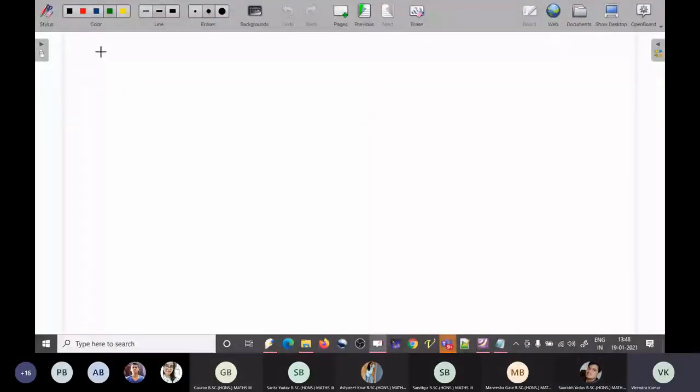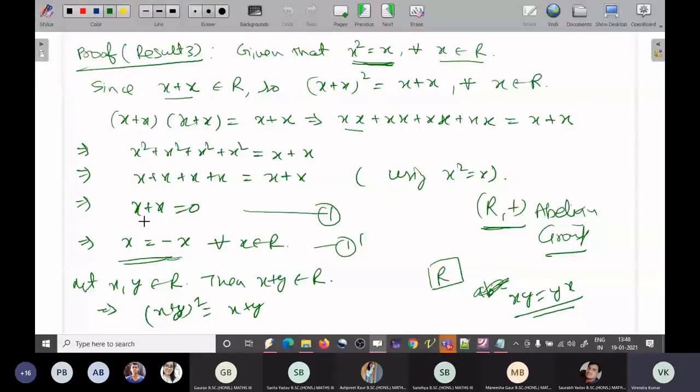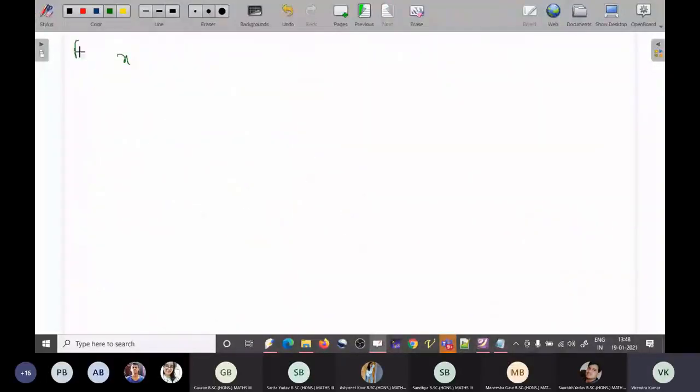We have this result already. x plus x equals to 0, so we have from 1, x plus x equals to 0. Fine. This is an additive group, so you can write it like this. And this was true for all x belongs to R. Okay.